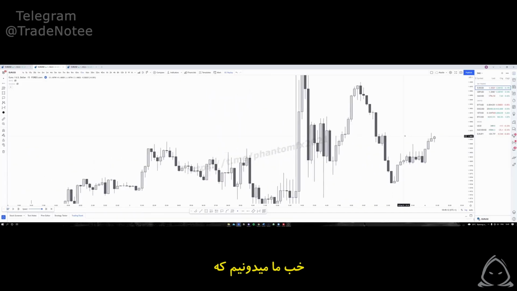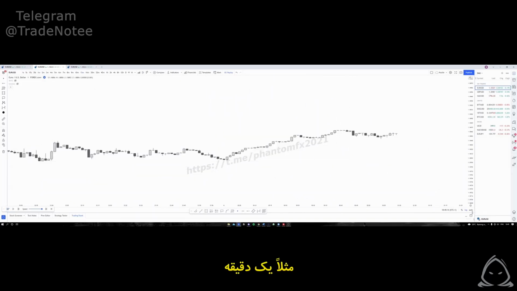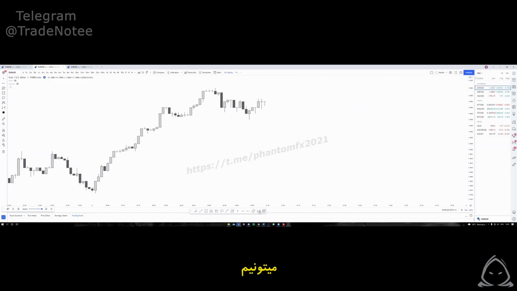When we go down onto a lower time frame, say the 1M, we can take the time that this candle was formed, so it starts here and it ends here. So we want to look at anything within the low of this range, which is here, to essentially the high of this range.